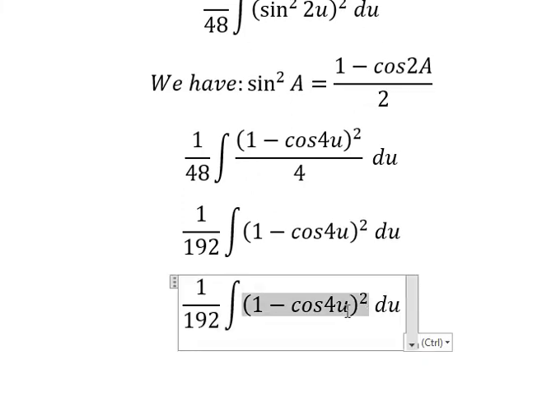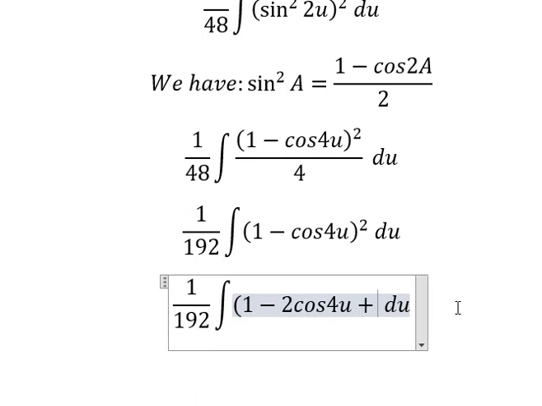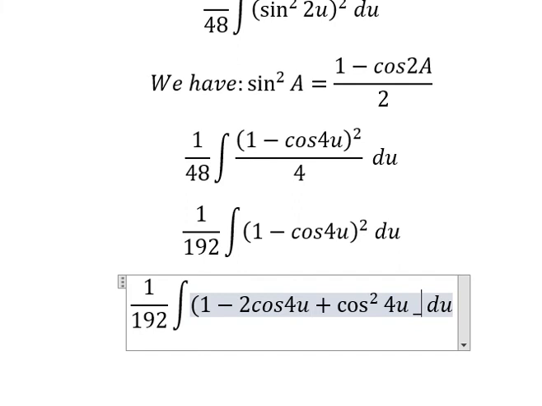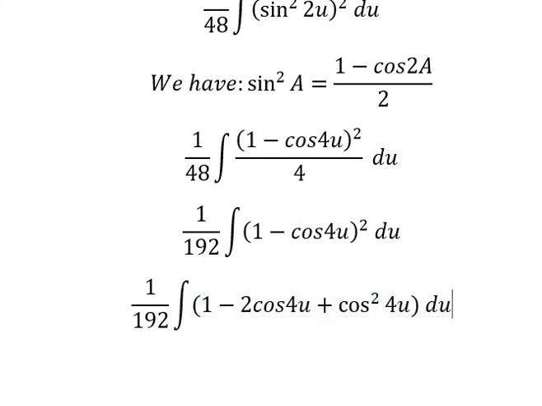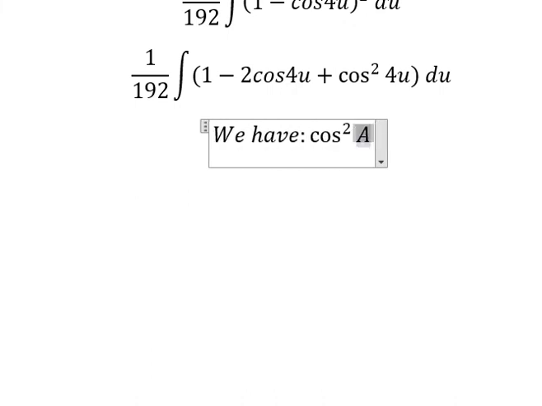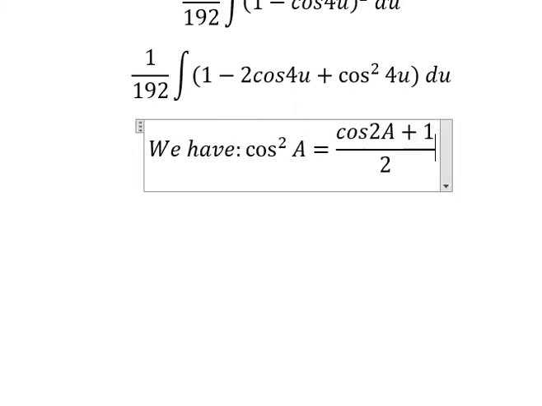And now we need to expand this one. Now we have the second formula in here: cosine squared a equals cosine 2a plus 1 over 2.